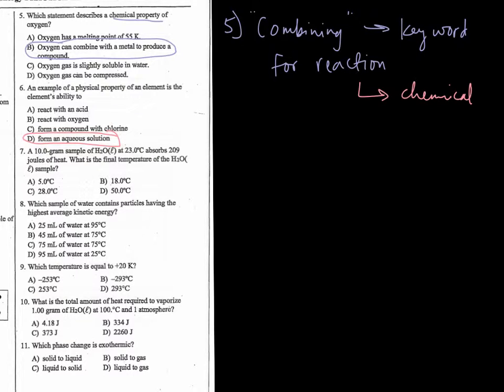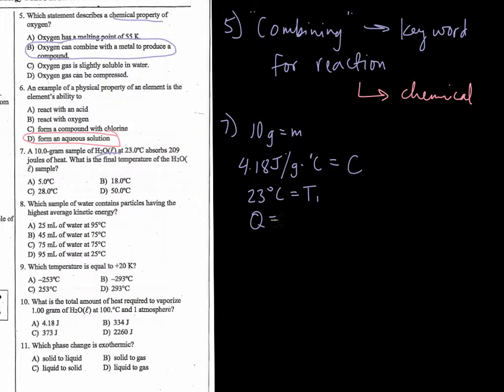Number 7, 10 grams of H2O. Okay, so we got 10 grams as our mass. We're dealing with water, so that means 4.18 joules per gram degrees Celsius is our specific heat capacity C. It starts at 23 degrees Celsius, so that's T1. We're absorbing 209 joules of heat.